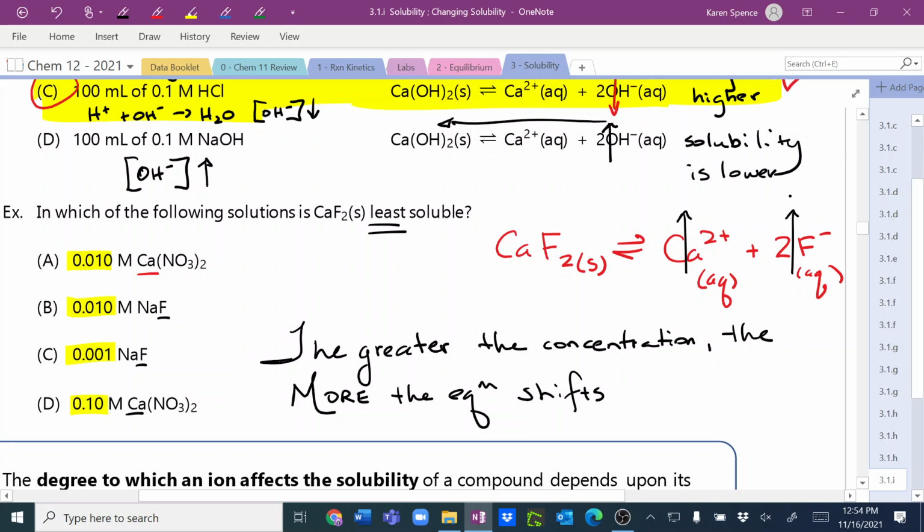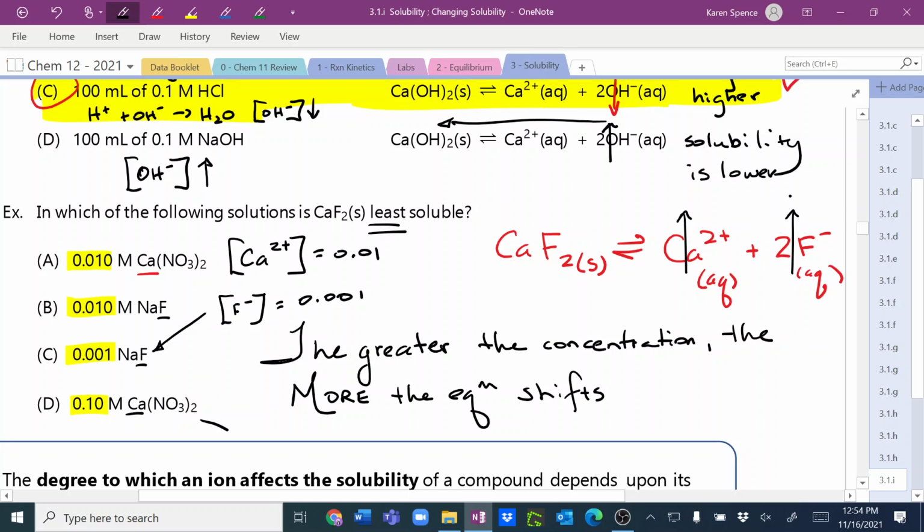Okay, so let's take a look at this and decide. In this one, my concentration of calcium is 0.01. Yes? I didn't see anyone with a B. Did anyone vote B? Okay, so I'm going to ignore B. In this one, we have the concentration of fluoride is 0.001.